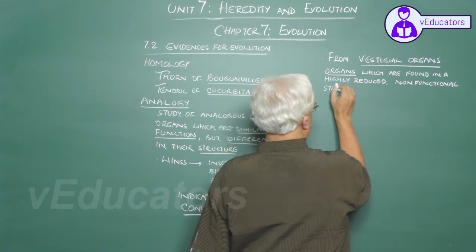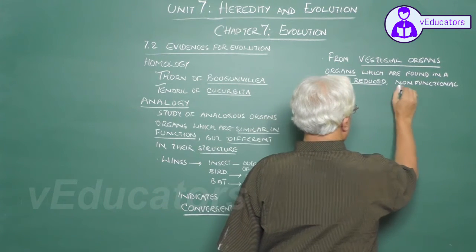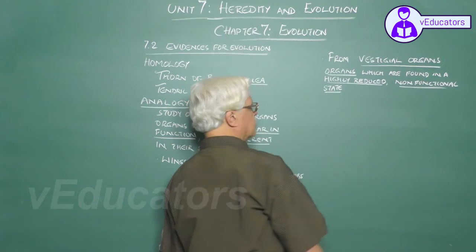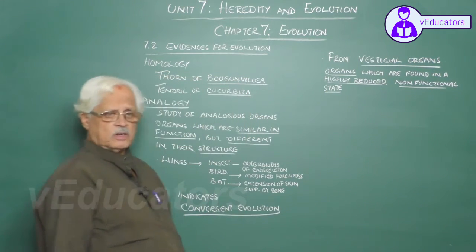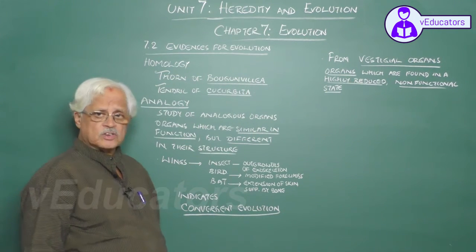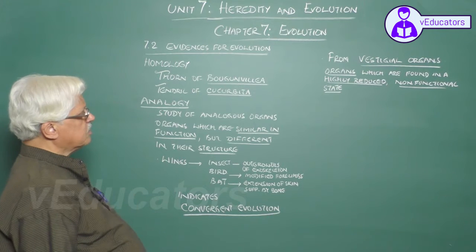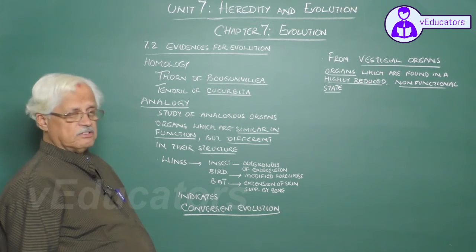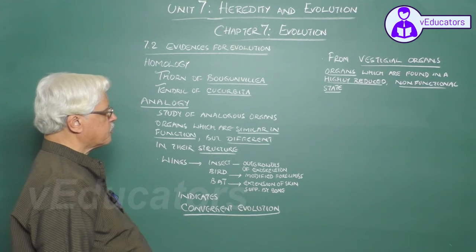Organs or structures which are found in a highly reduced non-functional state. They are present, but they are not of any functional significance. Such organs are called vestigial organs.